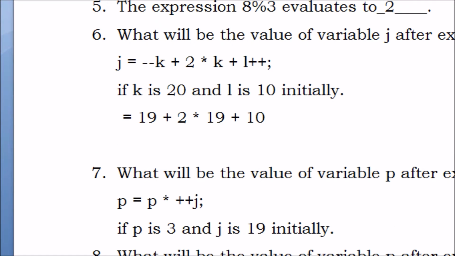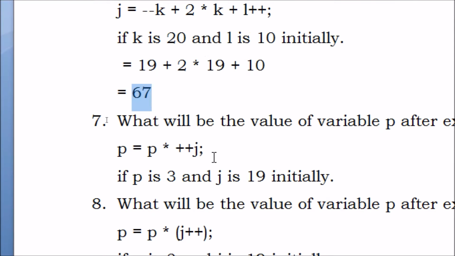So this is what we get, and what is going to be the result? I think it is 67. You can calculate. Yes, so this is what we are going to get as the result.